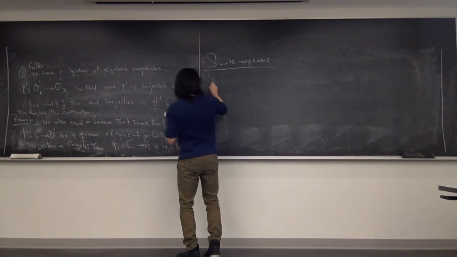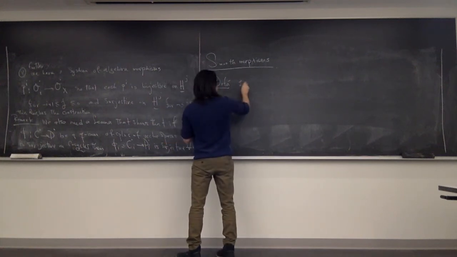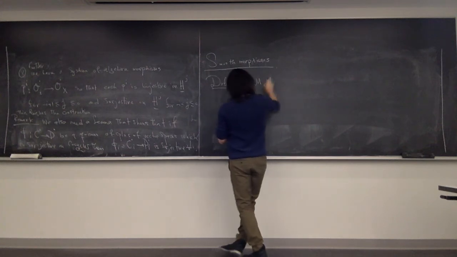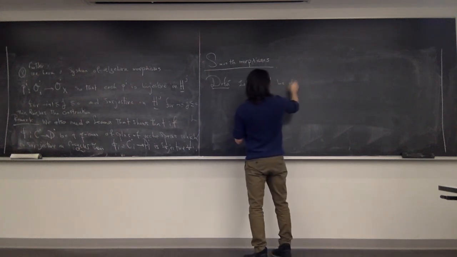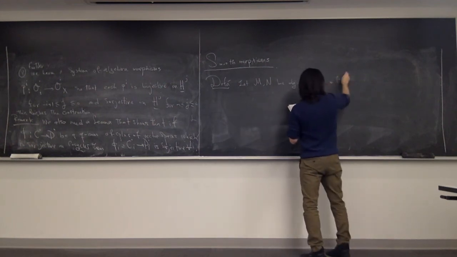So definition. Let M and N be DG schemes of finite type.